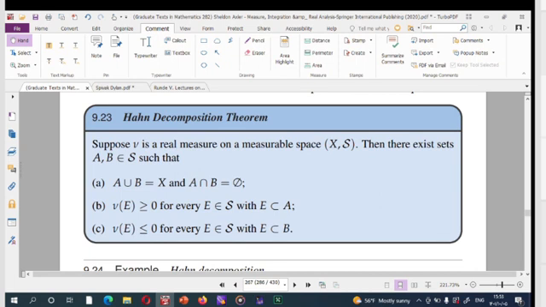The union of A and B equals X, and the intersection of A and B equals the empty set. Mu of E is non-negative for every E in S such that E is a subset of A, and mu of E is negative for every E in S that is a subset of B. Okay?